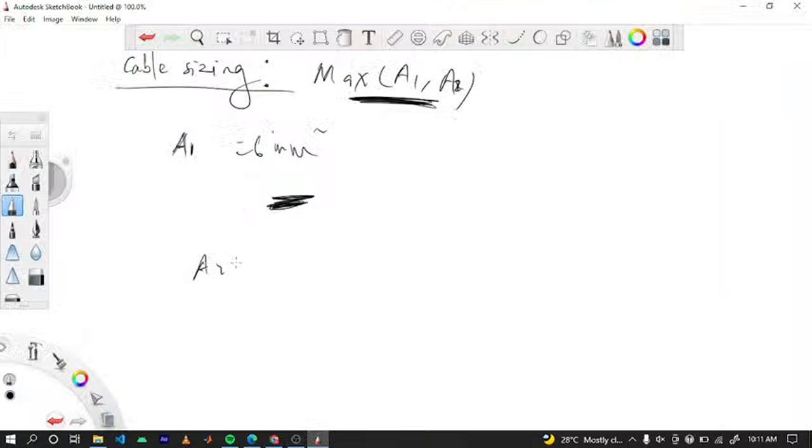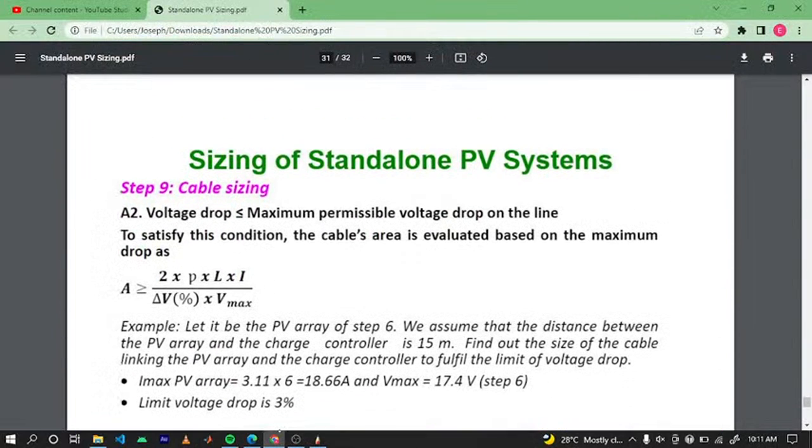Now how do you find your A2? For your A2, you solve for it, and it's given by this equation. You know the parameters. This rho is the resistivity of copper. This L is the length.